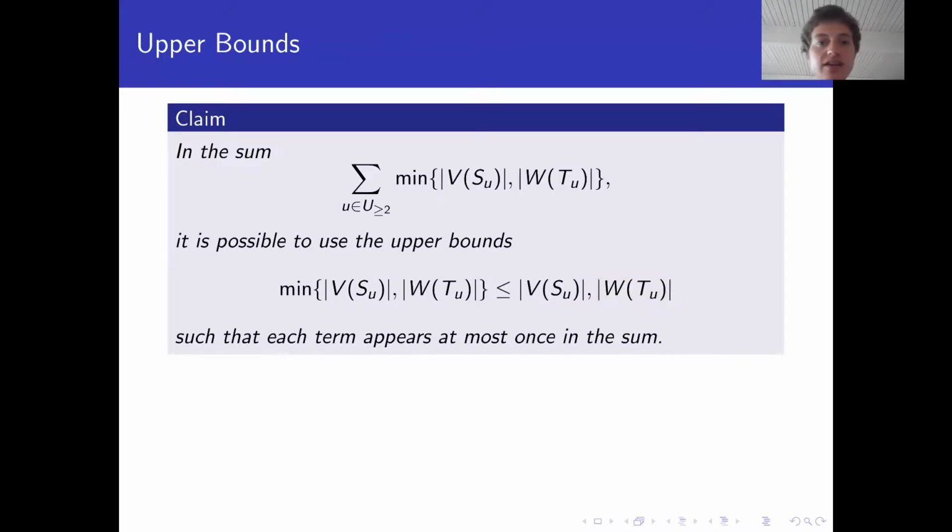an obvious fact. In particular, this S U could be the same as S U prime, could be the same as S U double prime, and so on and so forth. So this individual term in the minimum could appear 100 times. And if this was true for all the W's as well, if every term here showed up in at least 100 minimums, then you couldn't do something like this and get each term appearing at most once.